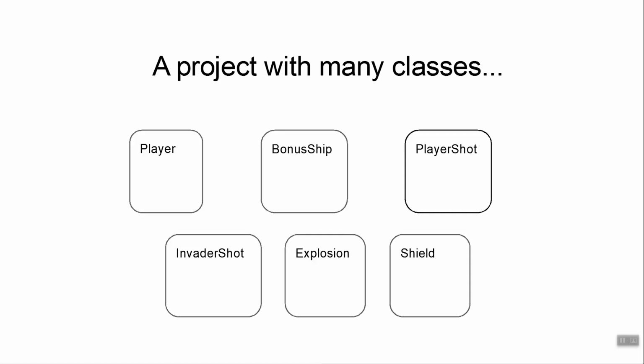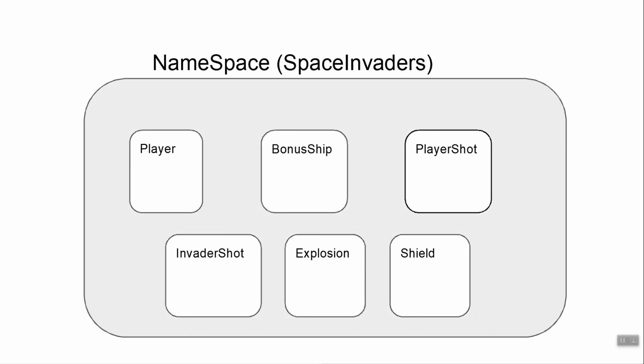Now, if you have lots and lots of classes, how do you keep all of that organized, right? And that's where we get a namespace. So a namespace is a wrapper around a class that bundles many classes together into a common unit, a common library, a common entity, you can think. And the reason I'm mentioning this is because when we create our first application, you're going to see namespaces, you're going to see classes.